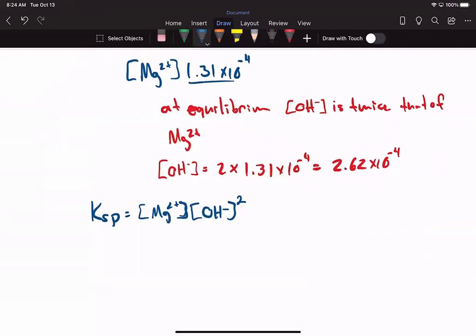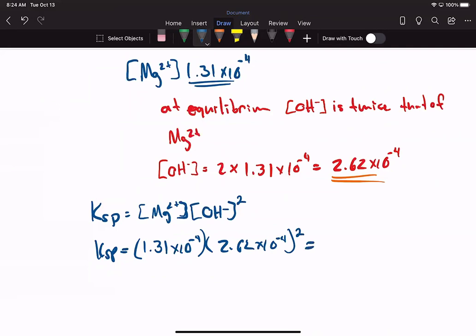So we can now write the KSP as 1.31 times 10 to the minus 4 times 2.62 times 10 to the minus 4 squared. Can somebody calculate that and give me the mic?